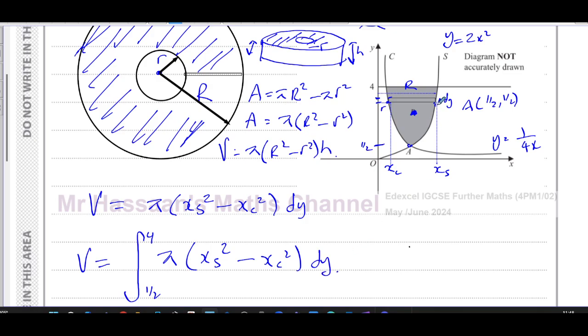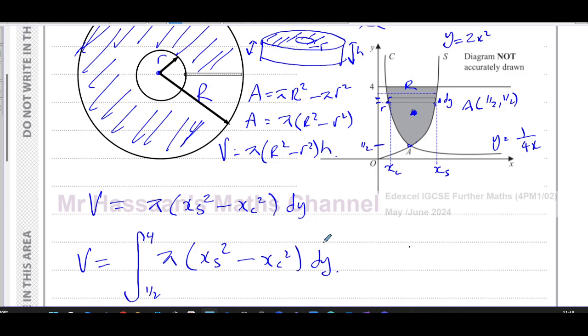So the outer curve, the one that's further away from the y-axis, squared, minus the x of the curve closer to the y-axis, dy.